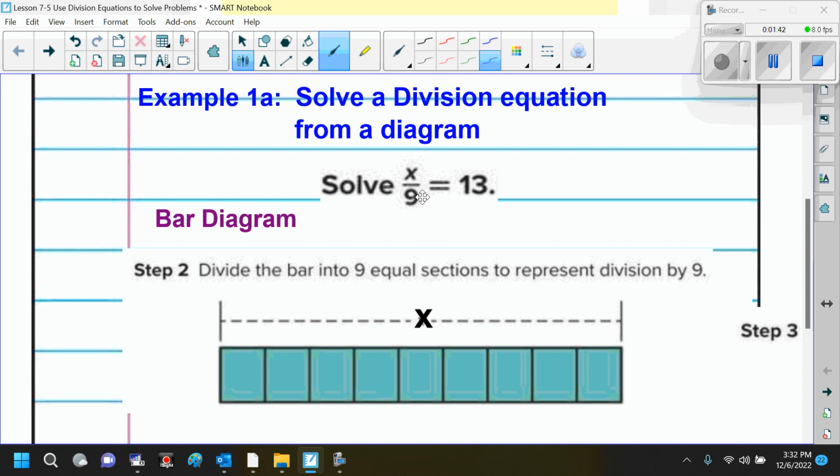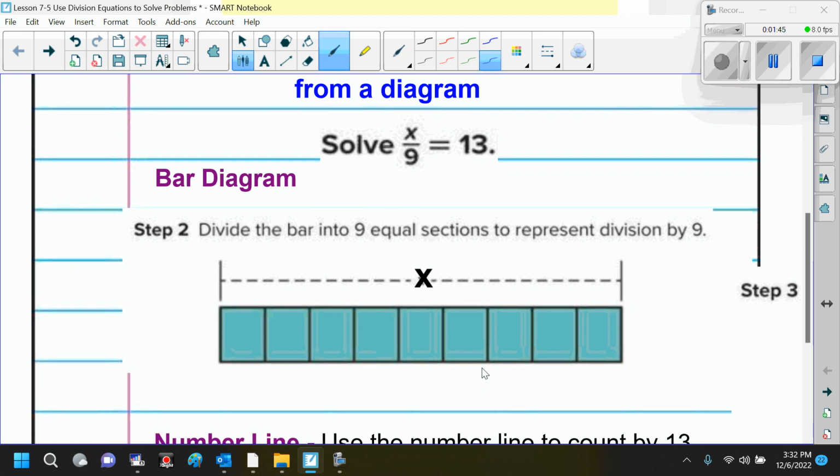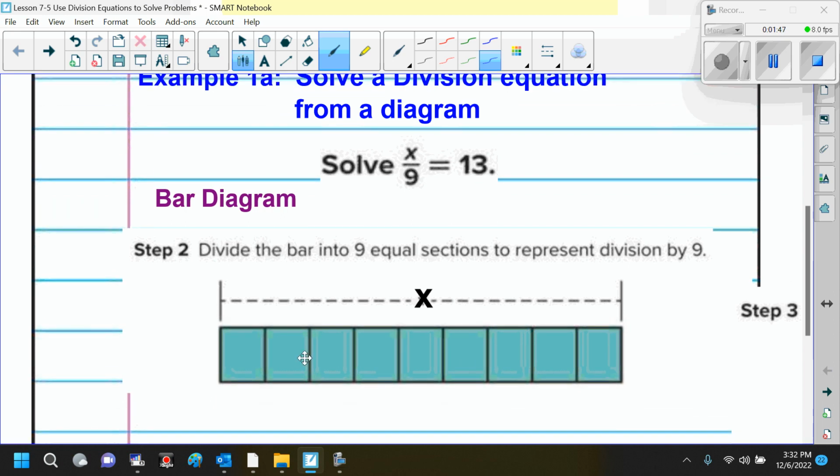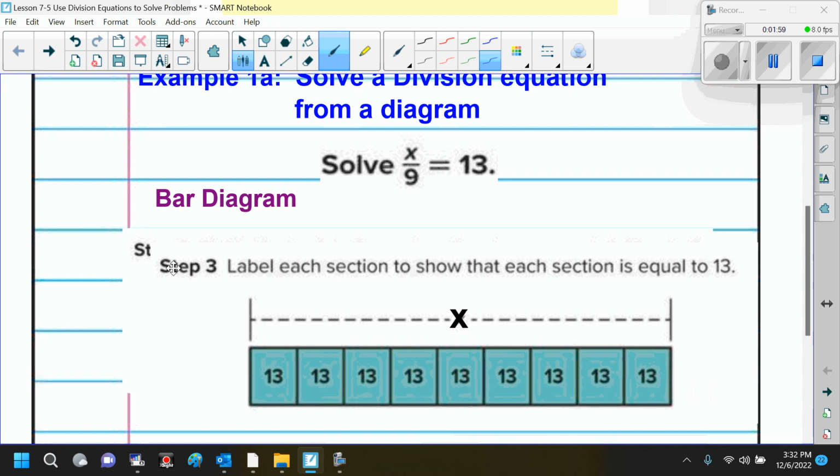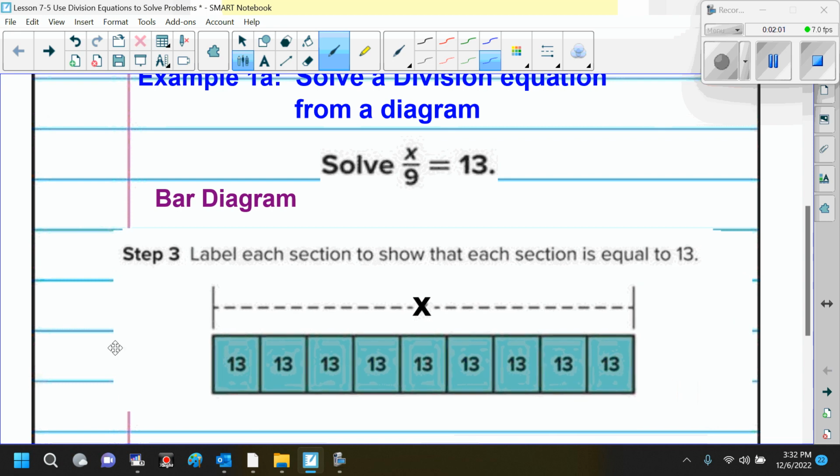Okay, now we want to know how much the whole thing is. We want to know what x is equal to. So if after we divide the whole thing by 9, each one of those is equal to 13, then we can add 13 plus 13 plus 13 plus 13 plus 13 all the way to the end.